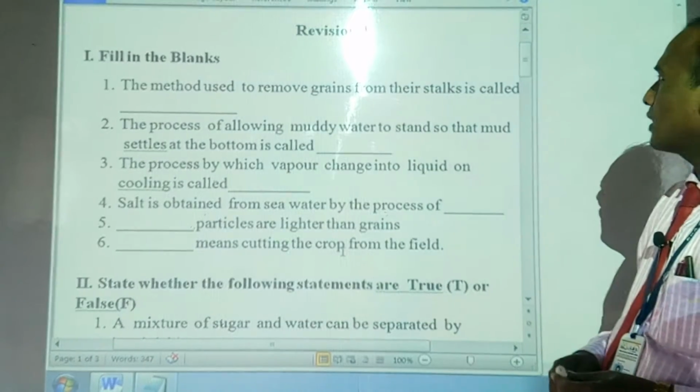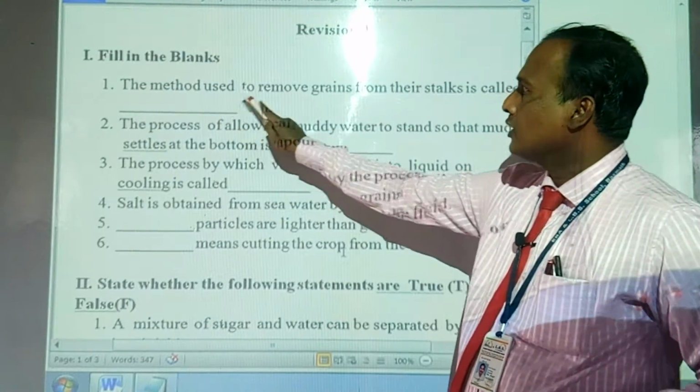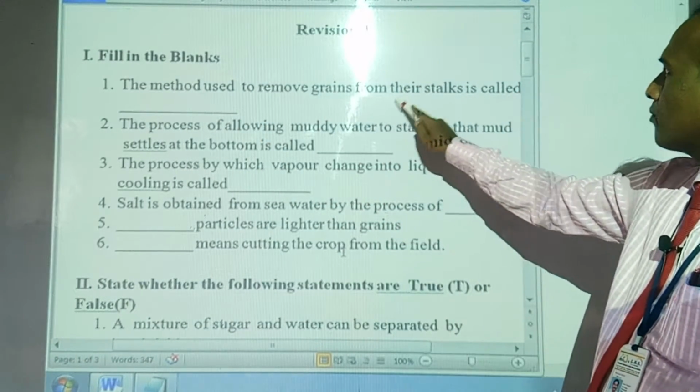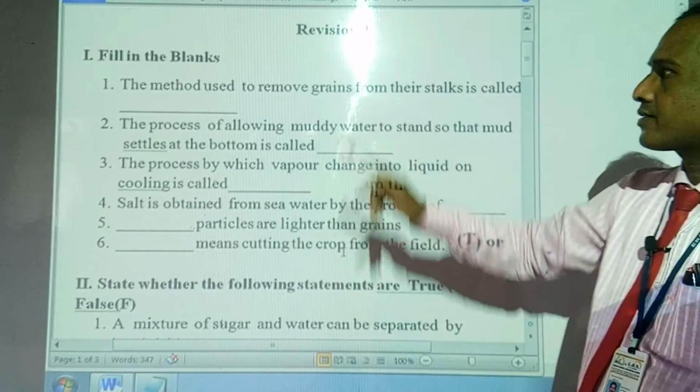The first question, read that carefully students. The method used to remove grains from their stalks is called dash.